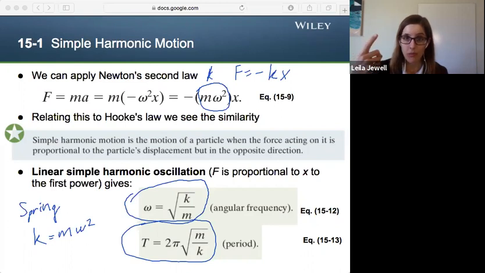There's just what spring are you using and how much mass have you put on the end of it. So hopefully you saw this in lab as well. This is one of the really impressive results about simple harmonic motion and about oscillations of a mass on the end of a spring. Okay, well with that we conclude section 15.1, our introduction to simple harmonic motion.